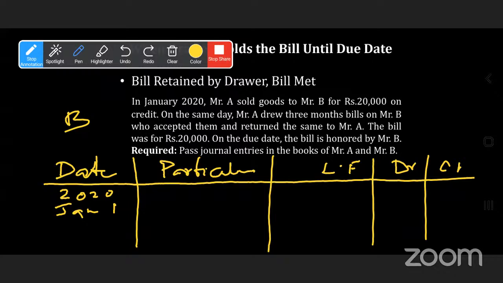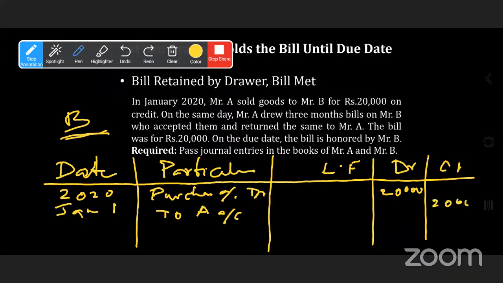Now, I'm writing the journal entries in the books of B. Purchases account, because B has purchased goods from A. Purchases account, debtor, 20,000, to A account, 20,000. Now you have to write the narration as goods purchased.